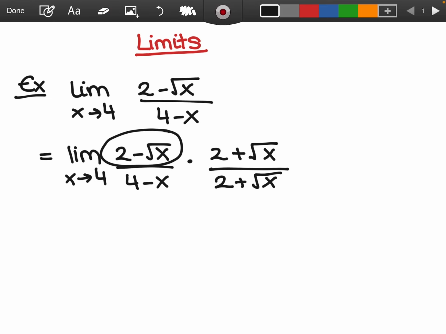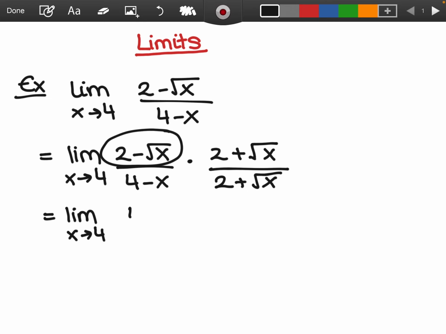So when we do that and we multiply top and bottom by that term, that means that we are not changing our expression in any way. We're effectively multiplying by 1. So we're not changing it in any way, but it will help us to simplify it exactly like factoring helped us simplify our previous problems.